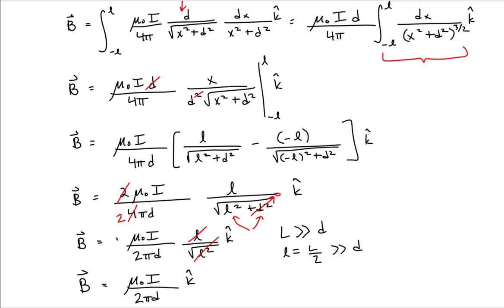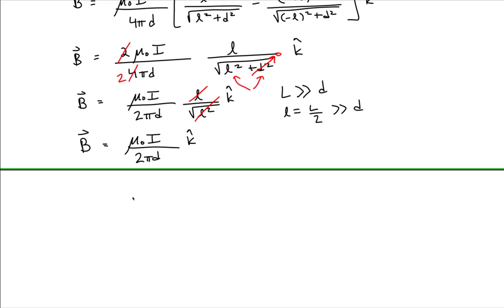So notice what we have here. The magnetic field at a distance d away from the wire is directly proportional to the current in the wire and inversely proportional to the distance d away from the wire.